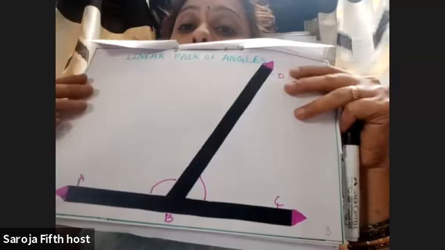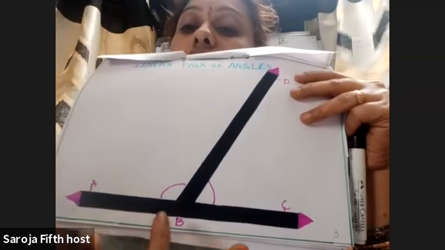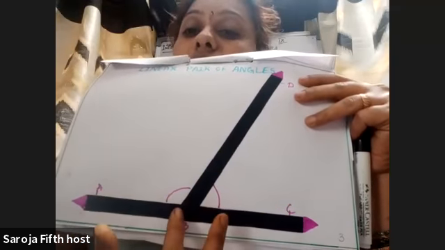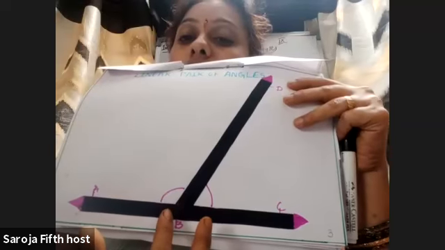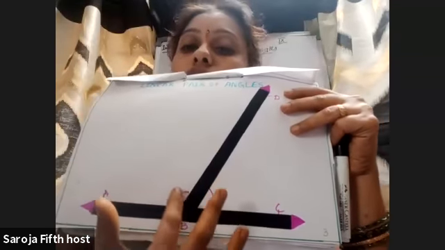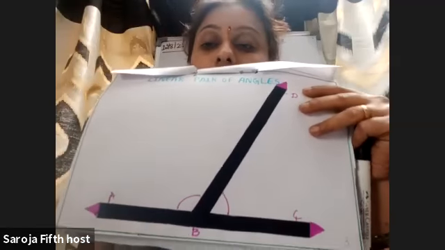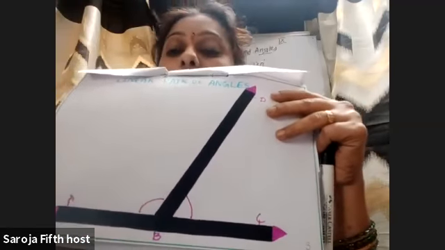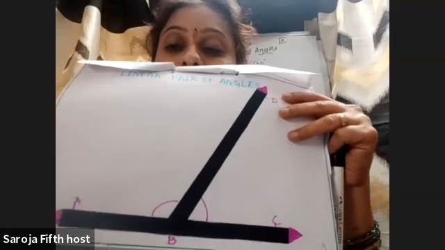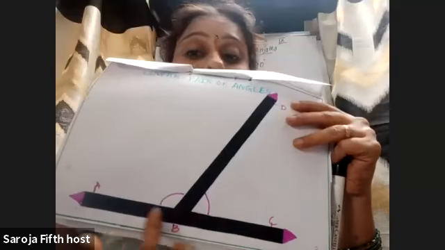Linear pair is nothing but the angles which are formed on the same straight line. Is it clear? So always the sum of these two angles will be equal to 180 degrees. Why is it so? Because it is angles on a straight line, right?